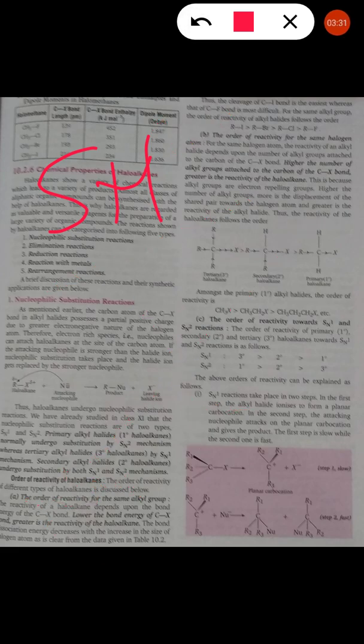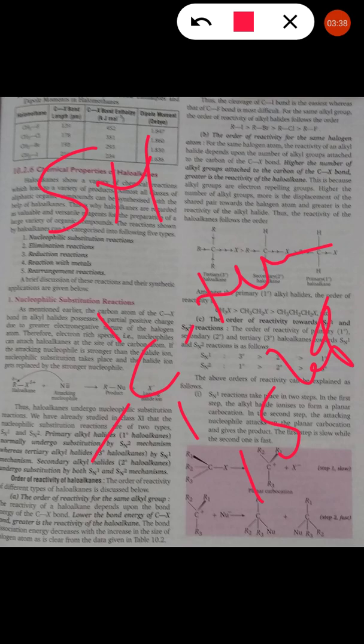This is the transition state. In this transition state, for stability, X is released and the product forms, that is carbon with the nucleophile. Only one step takes place, and the reactants are 2, the primary halide and the nucleophile, so it is an SN2 reaction.